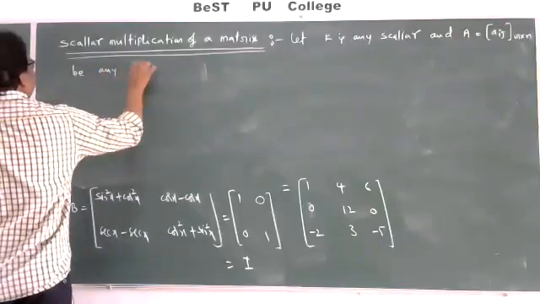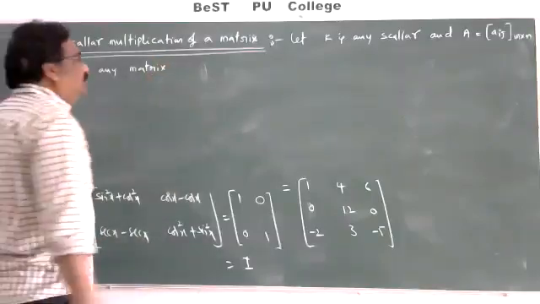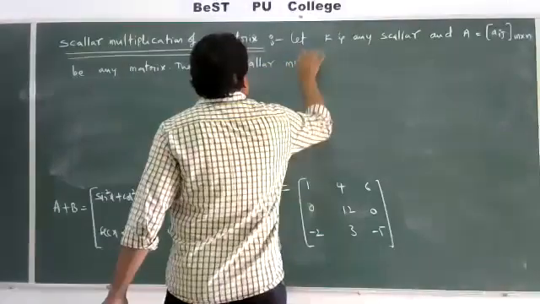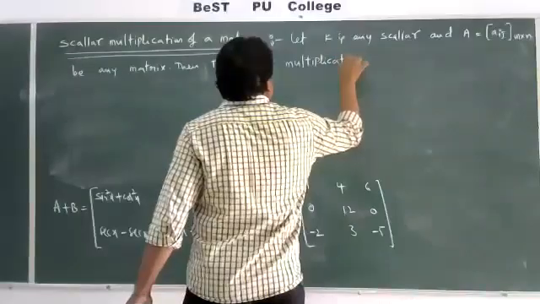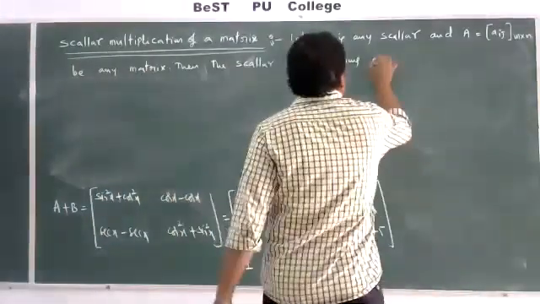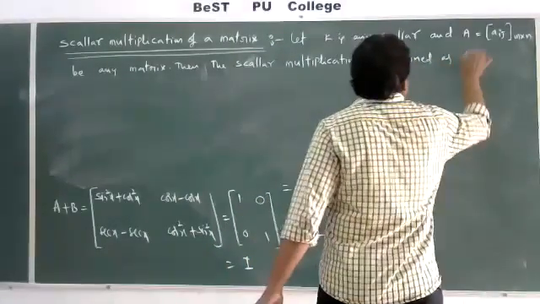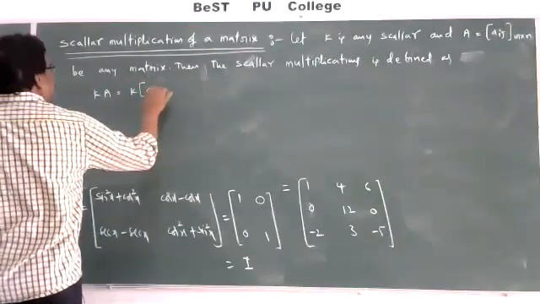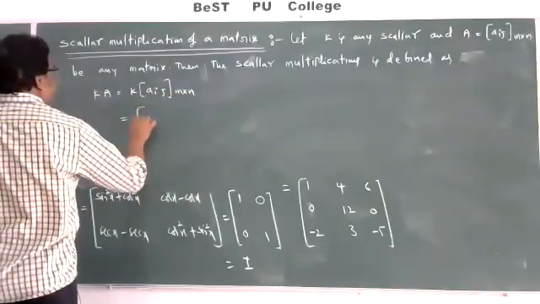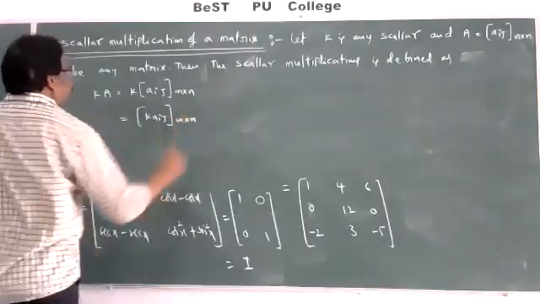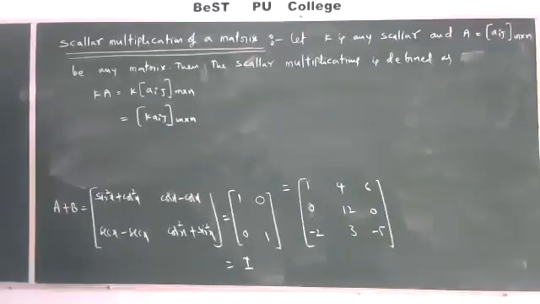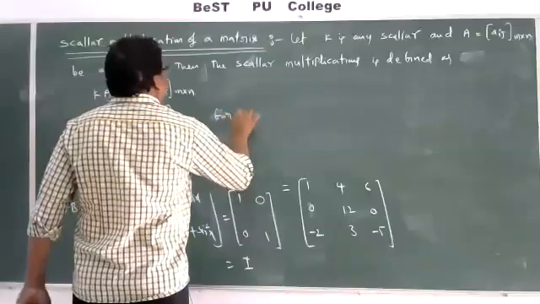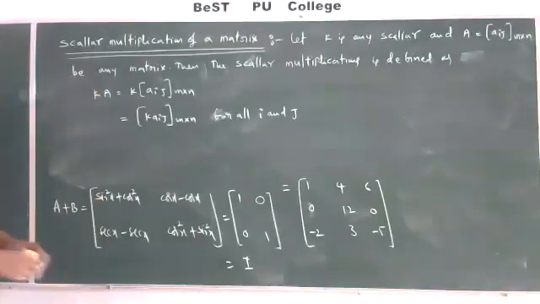Then the scalar multiplication is defined as KA is equal to K into Aij m by n, that is equal to Kaij m by n, for all i and j.